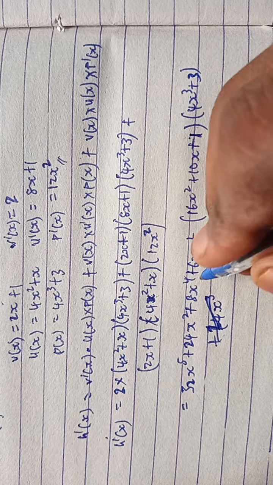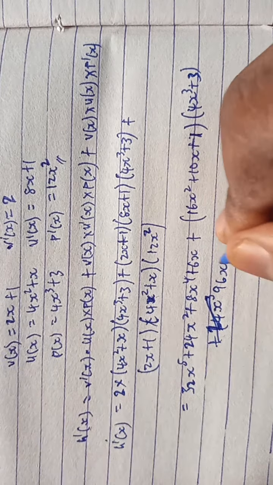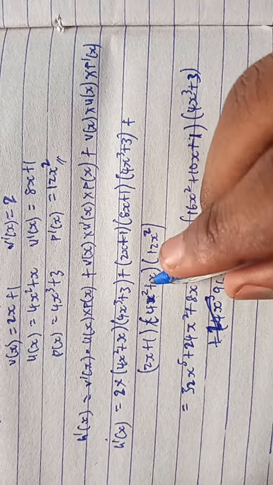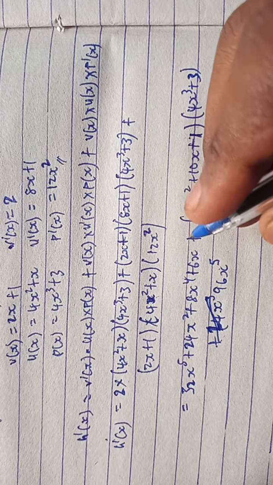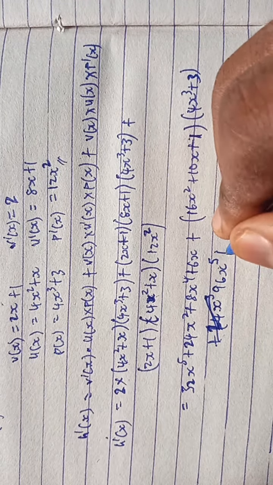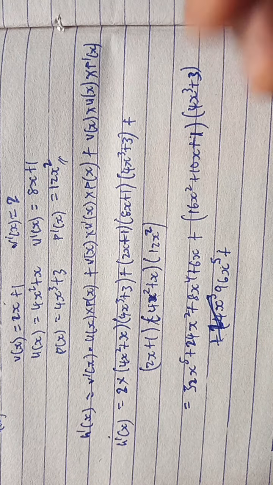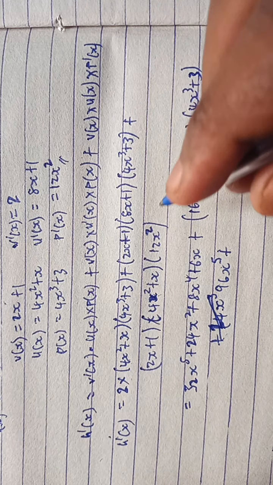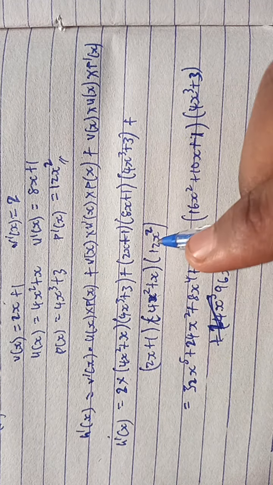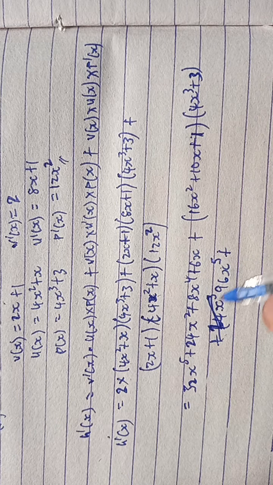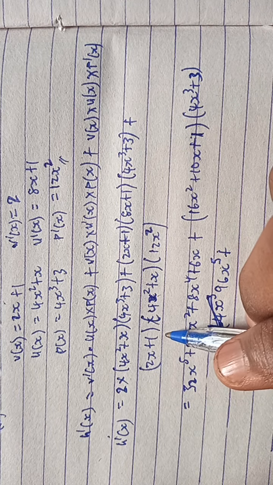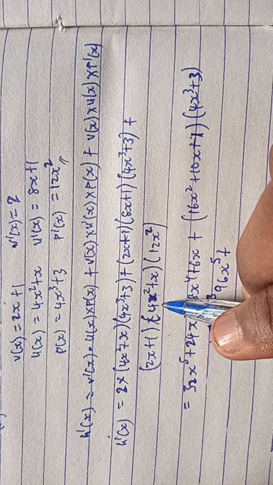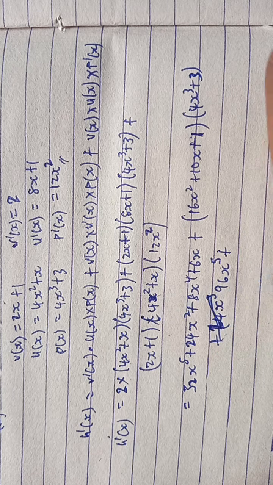We'll have 96x power 5, and then plus 12x squared times 4x squared.